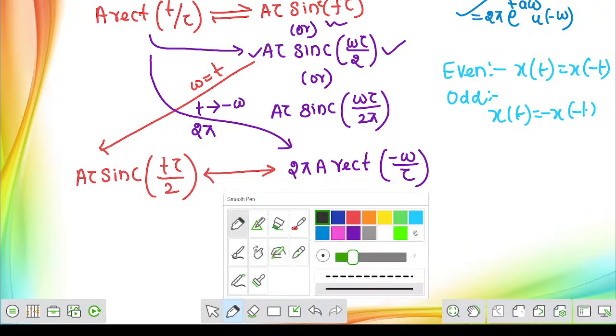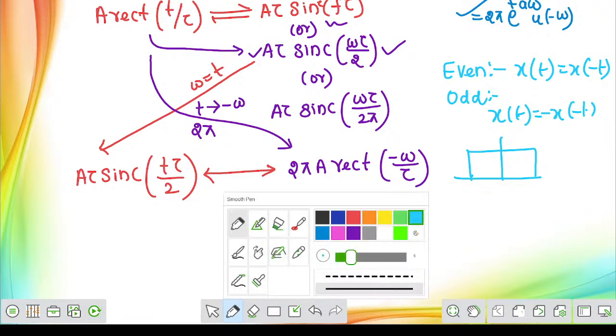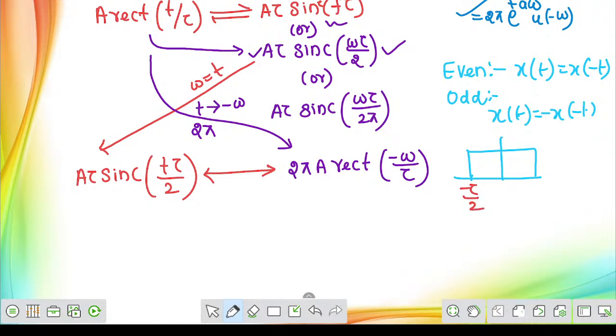If you are observing the properties of an even signal, this signal can be drawn. It lies between minus tau by 2 to plus tau by 2. In frequency domain, the above signal can be written as minus tau by 2 to plus tau by 2, because the total width of the signal is tau, and its magnitude, its amplitude, is 2 pi a.